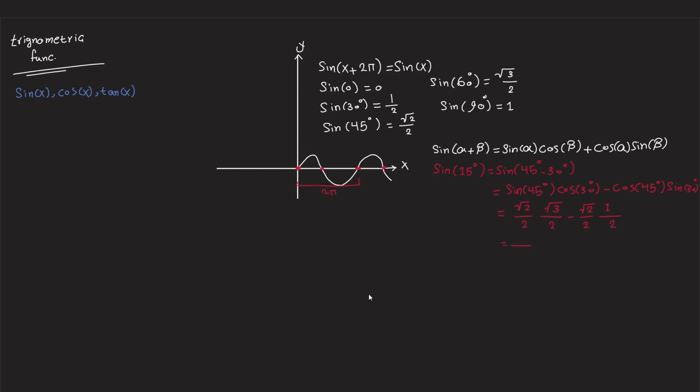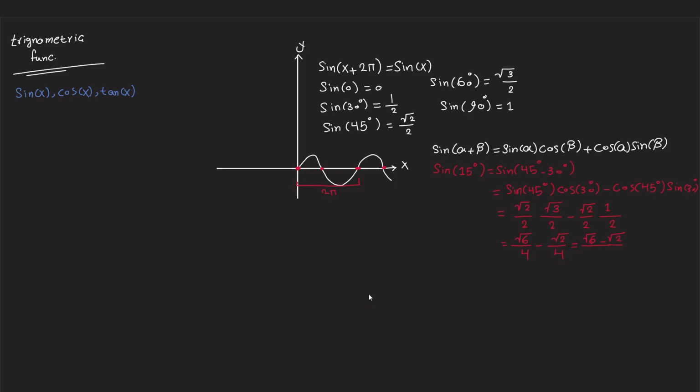This equals the square root of 6 over 4 minus the square root of 2 over 4.